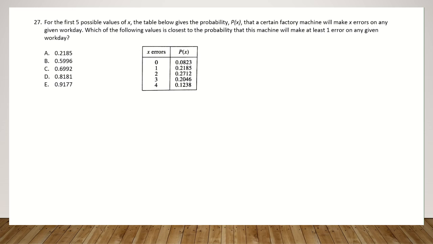At least means that 1 is included, right? At least 1 means 1 or 2 or 3 or 4, and so on, more than what they gave us in this table. All right? In other words, it means any errors except for 0 errors at all, right?